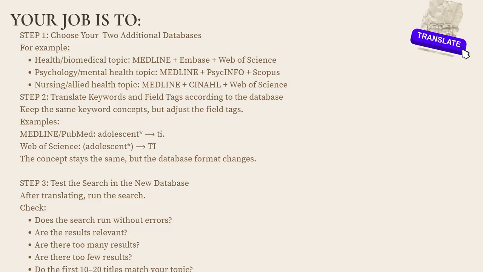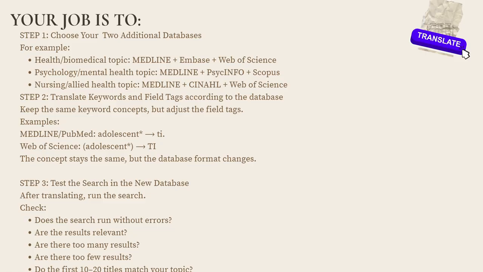For example, if you are investigating a topic in health and biomedical sciences, you should think of a combination of Medline and Web of Science. With a psychology and mental health topic, you should consider Medline, PsycInfo, and Scopus. And a nursing and allied health topic would obviously ask you to have Medline, CINAHL, and Web of Science, at the end of the day, okay?